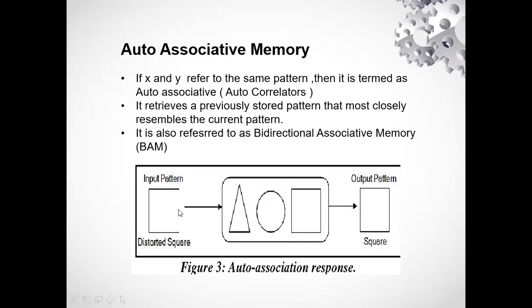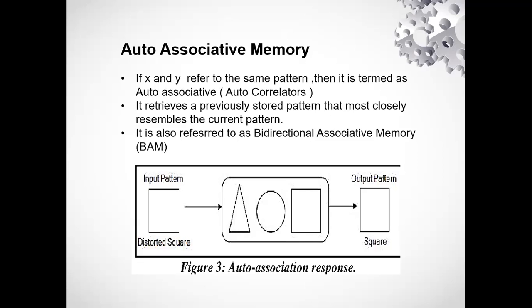What it does is retrieve a previously stored pattern that most closely resembles the current pattern. That means if I send a distorted square in, it will closely match it to all these three patterns. The closest match to this distorted square is this square, so the output will be given as the complete square pattern.